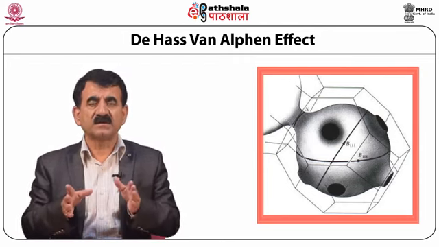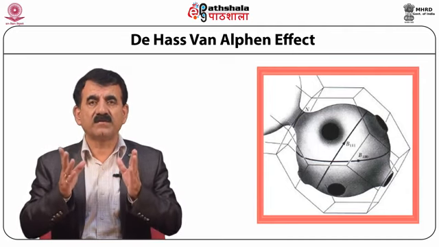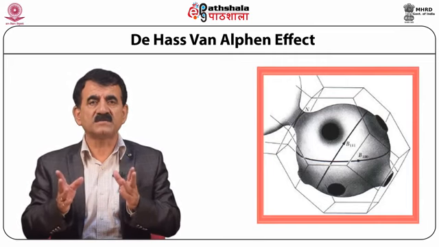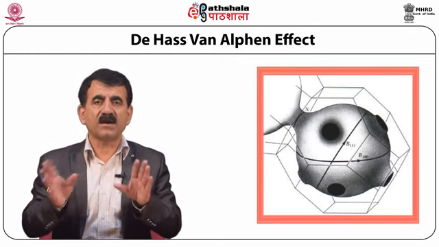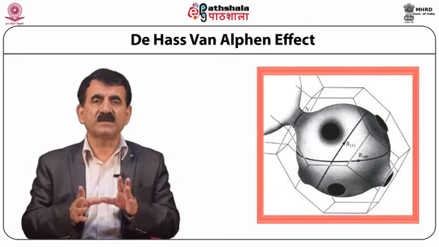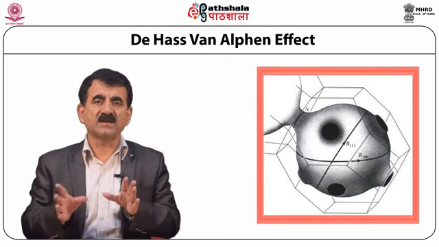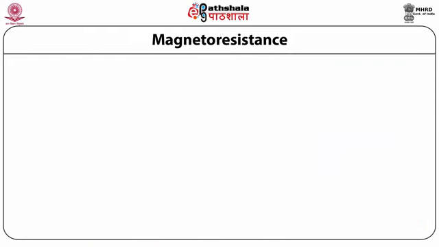For silver, the de Haas-van Alphen effect shows two different periods of oscillation, which are due to two different extremal orbits. One is linked with the B111 direction and the other with B100. So there are two different directions.